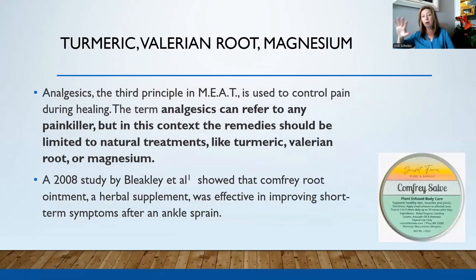So, little sidebar here. Wanted to just offer you information about turmeric, valerian root, and magnesium.